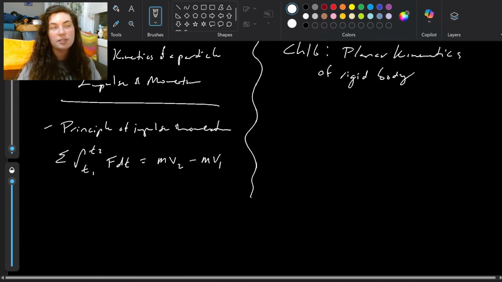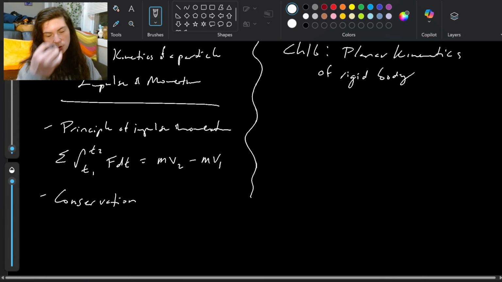We also did conservation of momentum. We said if there are no impulsive forces, and impulsive forces are anything that aren't conservative forces, so things like friction, or general external forces like somebody pushing something, in those cases you would have to use impulse and momentum.